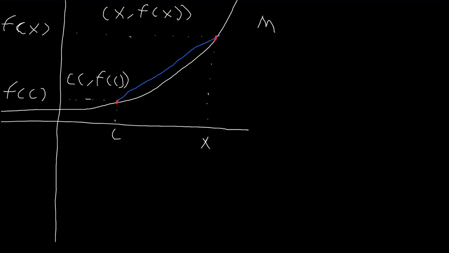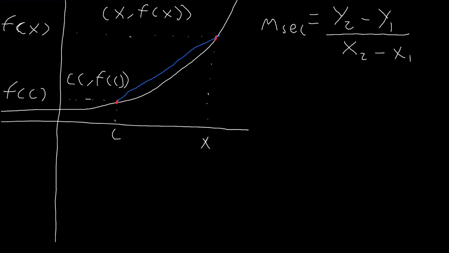So we can write m secant, which stands for slope of the secant line, is equal to y2 minus y1 over x2 minus x1. And now we can just plug in f of x for y2 because that's our y2 value.